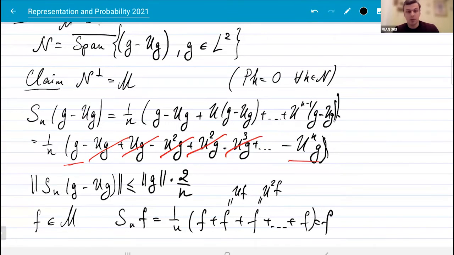So this was the case of the difference, g minus Ug, and this is the case when f belongs to M. Are there any uncovered cases?